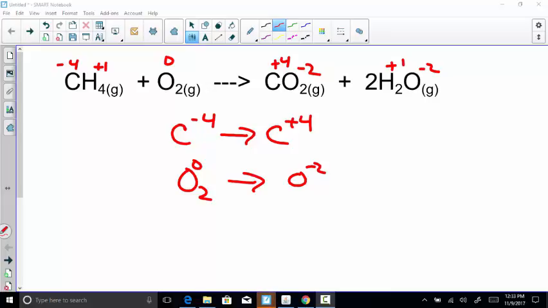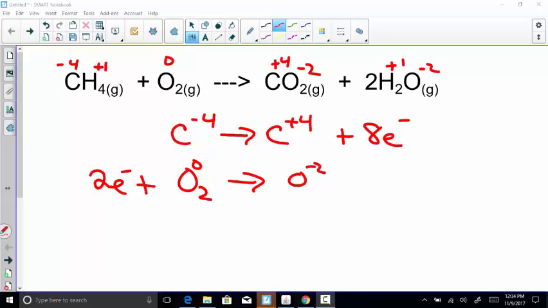What do you have to do? Lose electrons, in fact you have to lose 8 electrons. This is losing. And how do I go from a 0 to a -2? You have to gain 2 electrons.